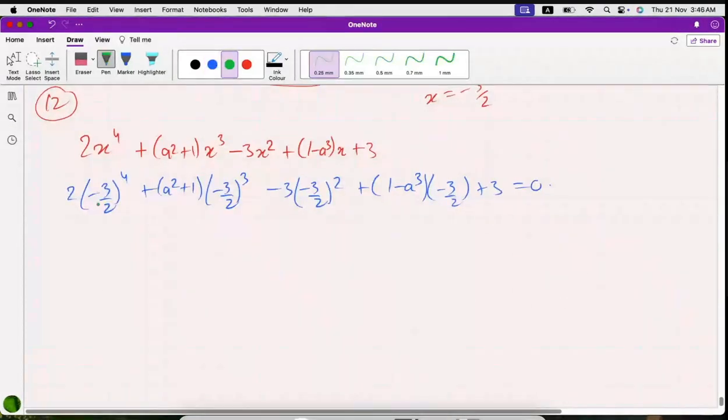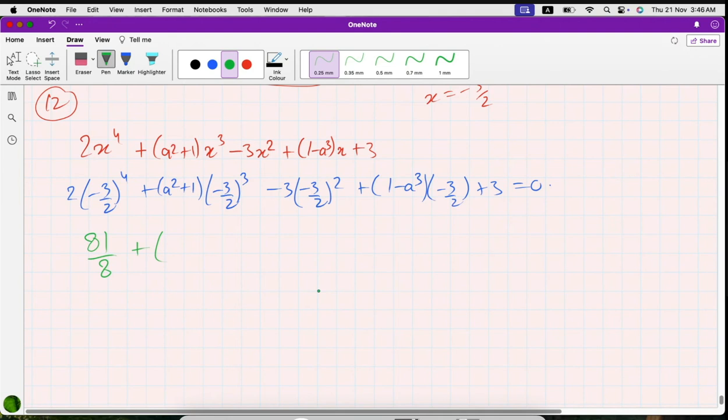I'm using a calculator. 2 into (minus 3 by 2) raised to the power 4 is 81 by 8. Plus, now this is (minus 3 by 2) cube.